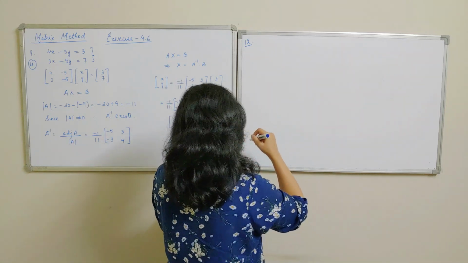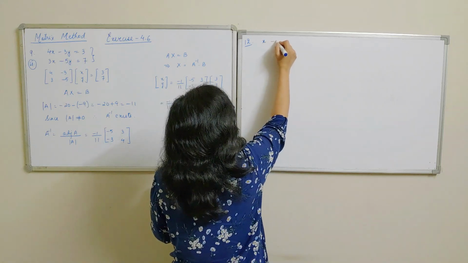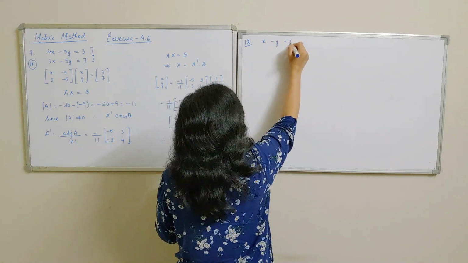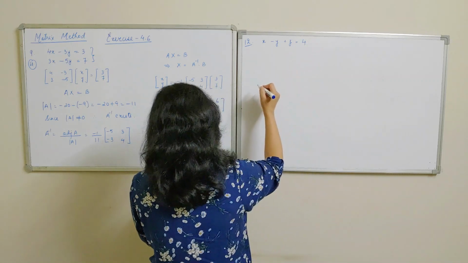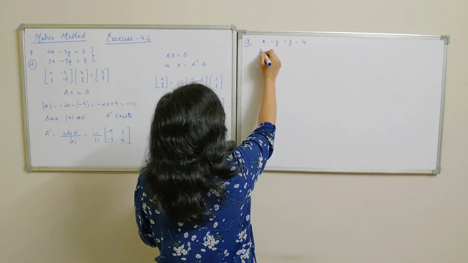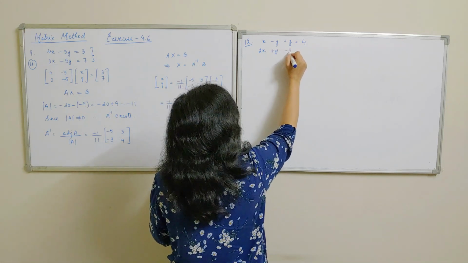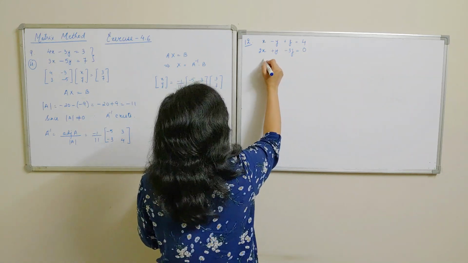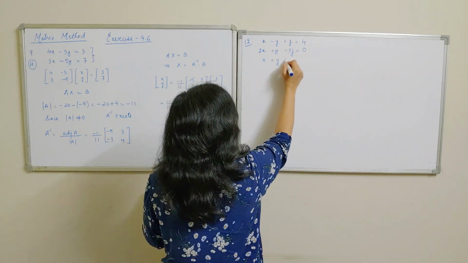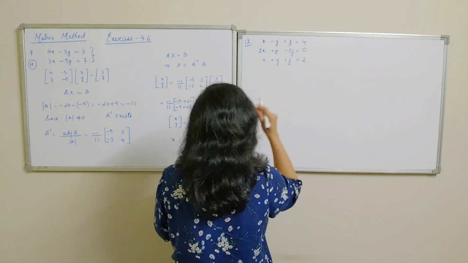A set of 3 equations is given. x minus y plus z is 4, 2x plus y minus 3z is 0, and x plus y plus z is 2.